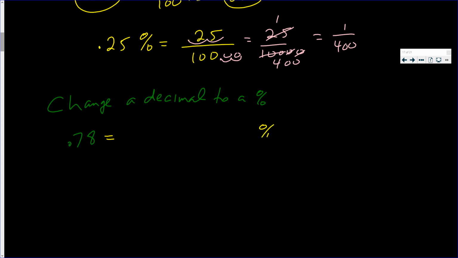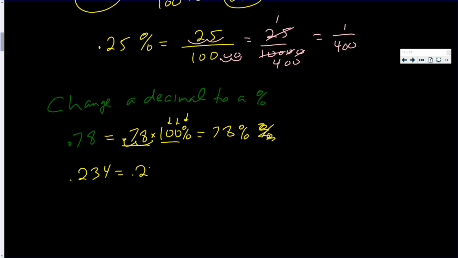You want it to have a percent symbol. So you take 0.78 and you multiply it by 1 as 100%. Now 0.78 times 100, that multiplying by 100 just tells you to move the decimal to the right 2 places. And then don't forget the percent symbol.